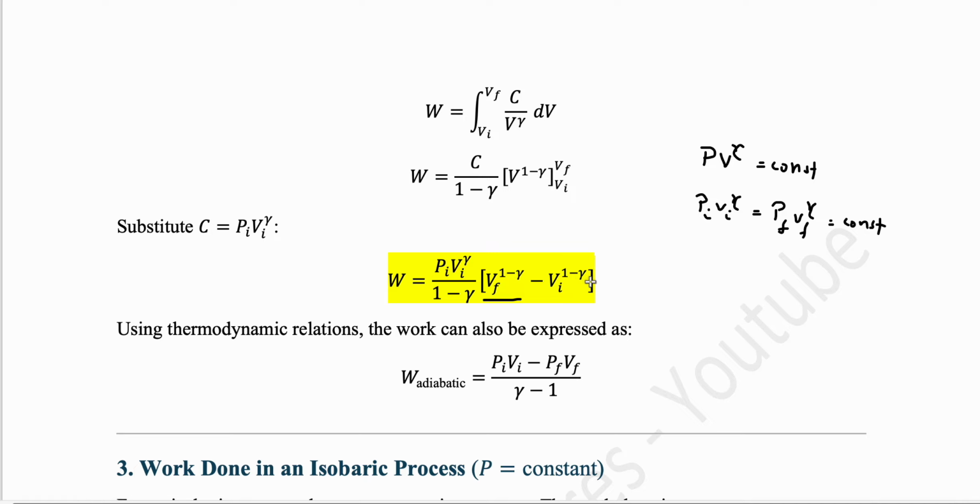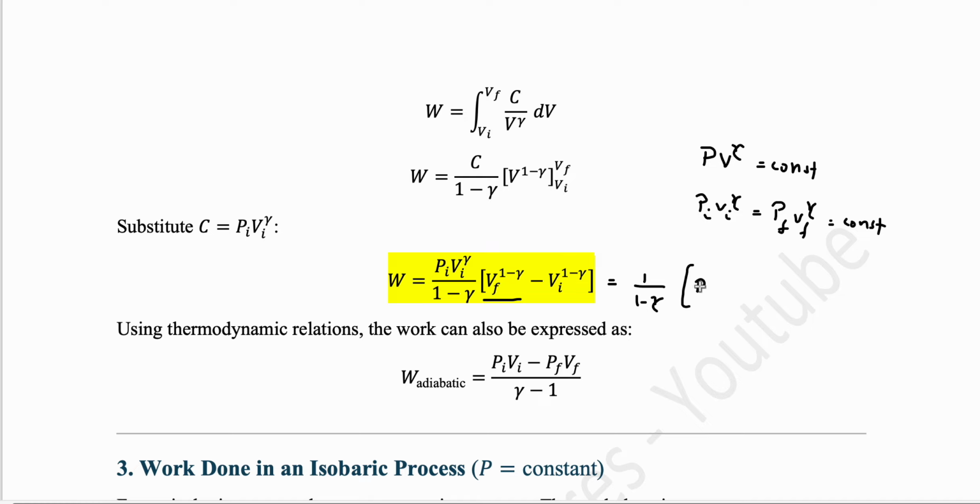We can see that this is Vi to the power gamma and this is Vi to the power 1 minus gamma, so minus gamma plus gamma will actually get cancelled out. So this relation will actually become, let's take this as 1 divided by 1 minus gamma. For the first term, we can multiply it with Pf Vf to the power gamma into 1 minus gamma.